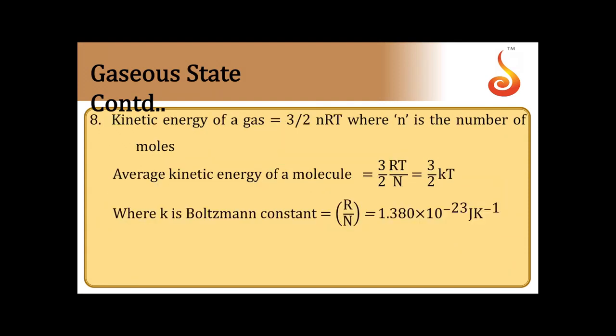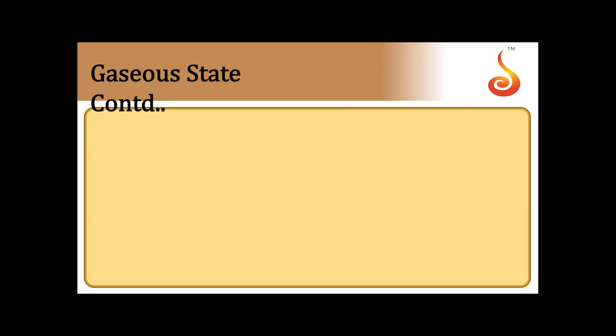Next one. Now kinetic energy of the gas, which is given by 3 by 2 nRT, where n is the number of moles of the gas. Here there are three formulas to remember for kinetic energy. Kinetic energy is given by 3 by 2 nRT for n moles of gas.